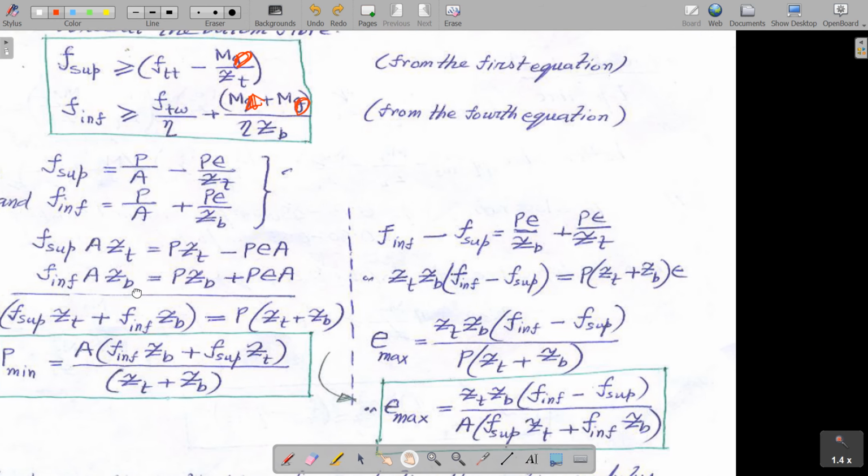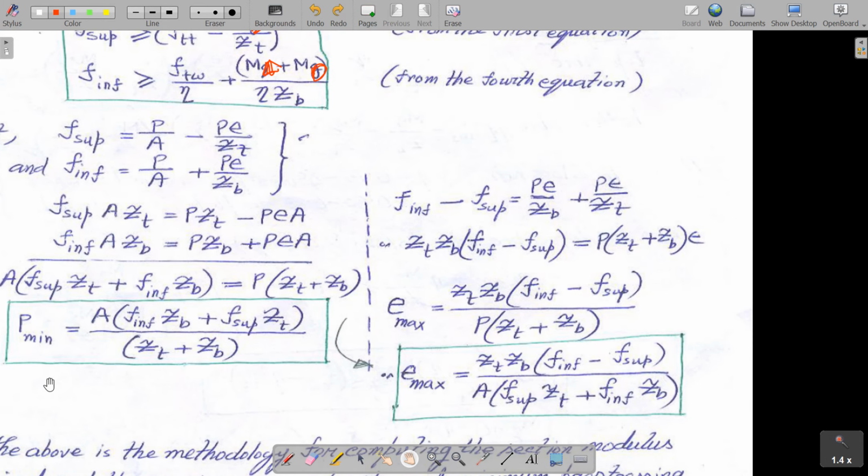Similarly, subtracting these two equations, you will get the maximum eccentricity you need to provide. The minimum pre-stressing force and the maximum eccentricity required for maintaining stresses safe for the structure are obtained by adding and subtracting these two equations.